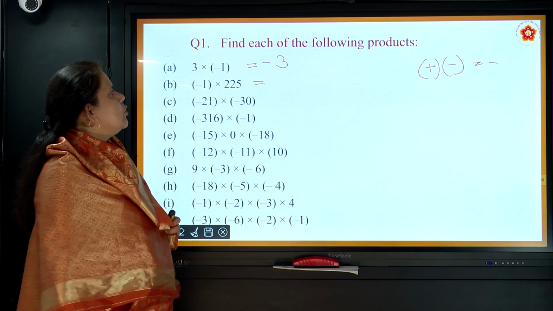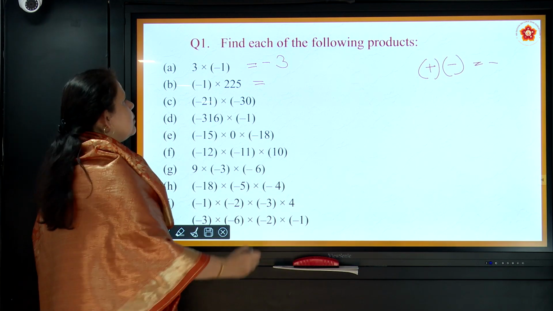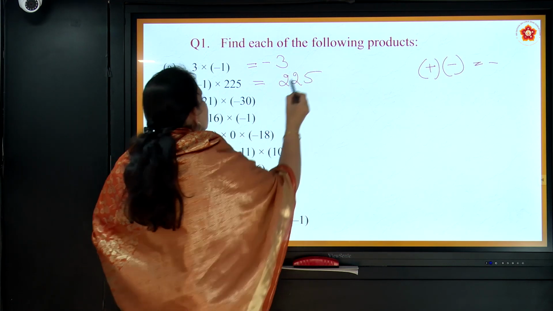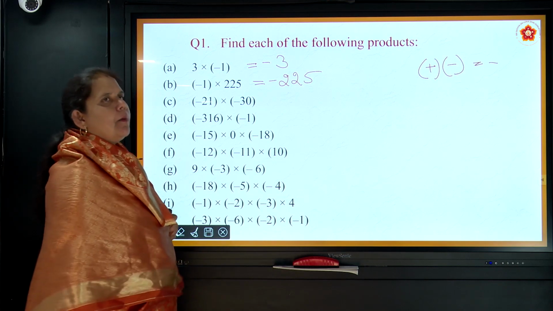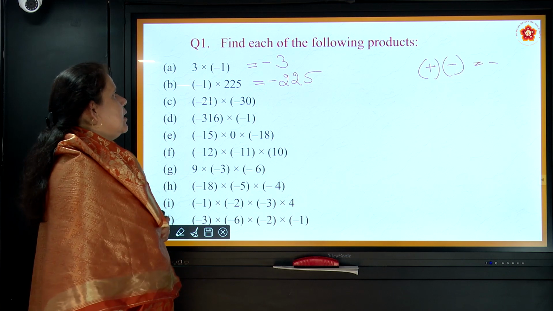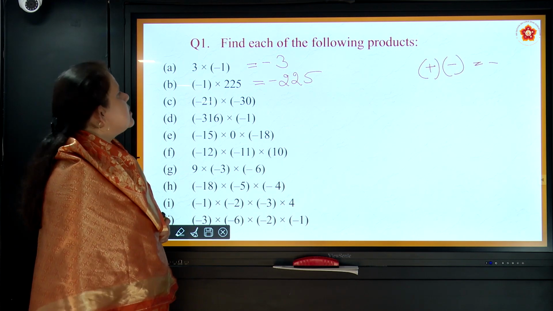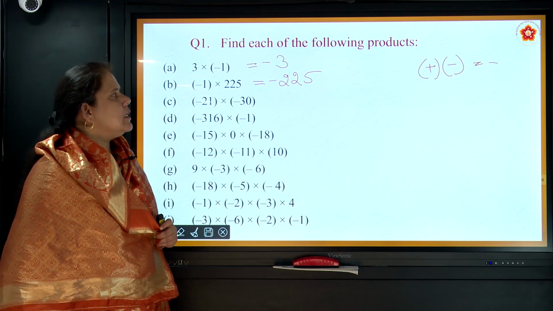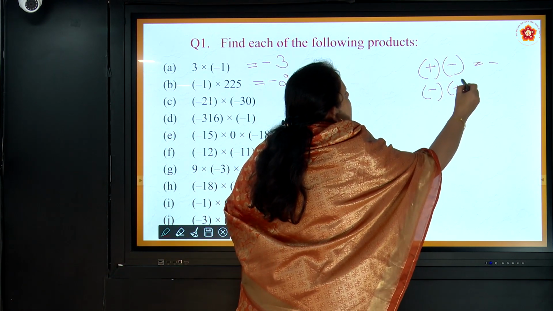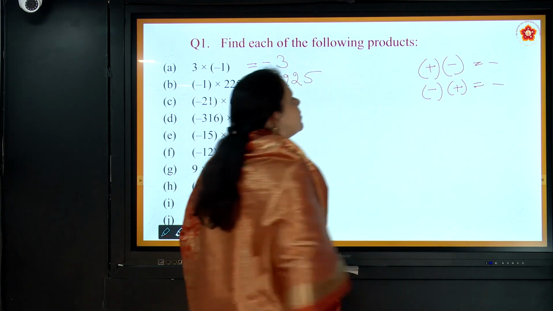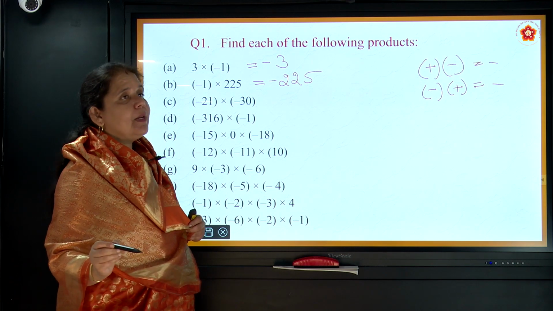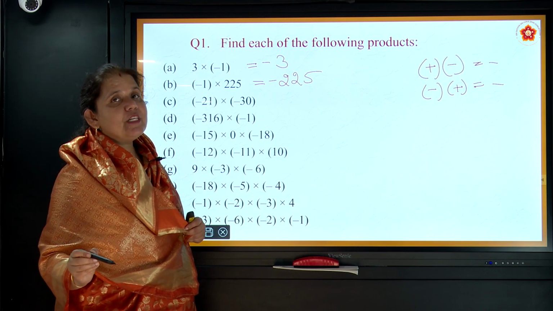Now, I think you should all be able to solve the second part. 225, when it is multiplied by minus 1, answer would be minus 225. Multiply 225 by 1, and here you see 1 is minus, 1 is positive. So, when 1 is negative and 1 is positive, answer is negative. We have already studied multiplication obeys commutative law.